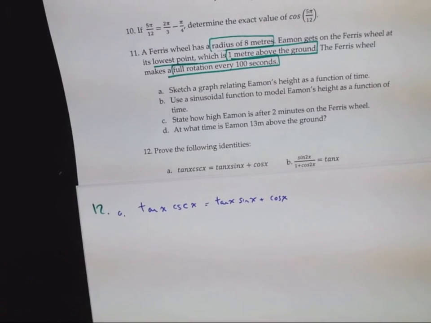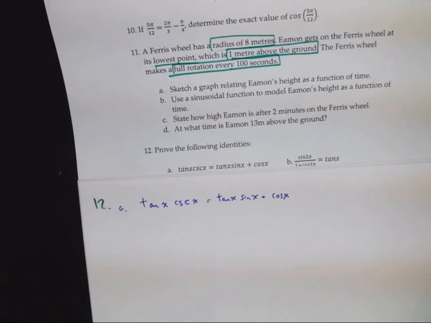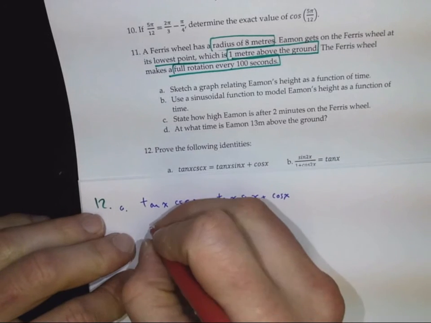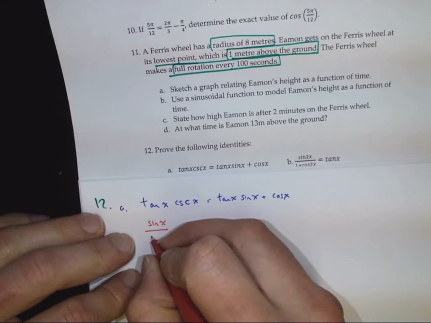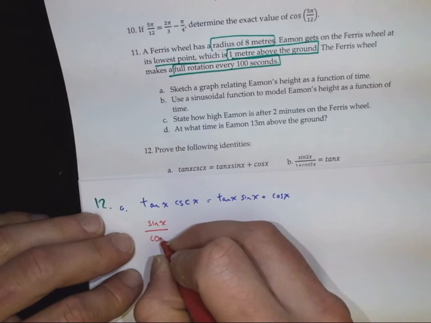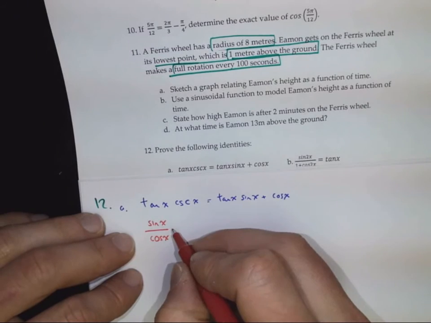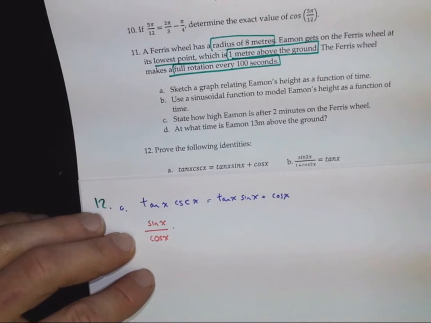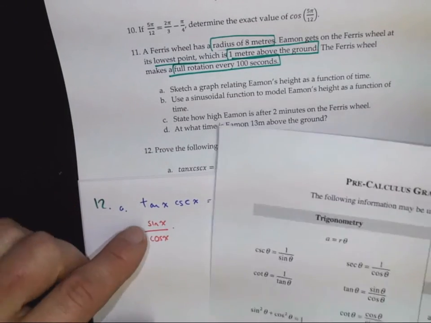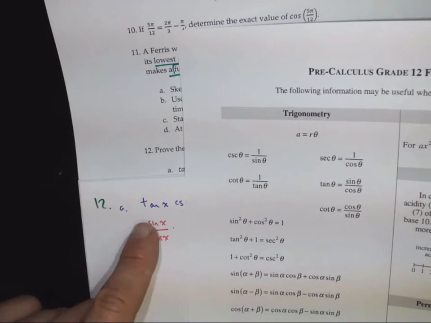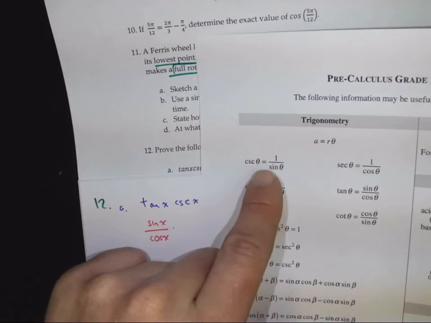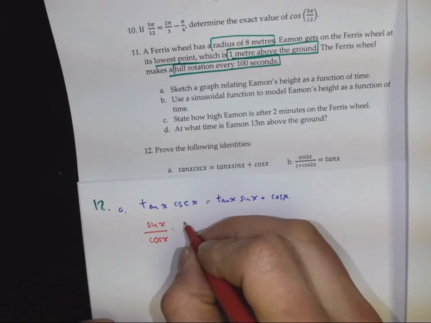As we've talked about before, the first step that's maybe easiest for us is to start by rewriting anything that's not a sine x or cosine x, or express it in terms of sine and cosine. So the first thing I use is my tan identity to say that it's sine over cosine. And I'm going to use my cosecant identity to call it 1 over sine.